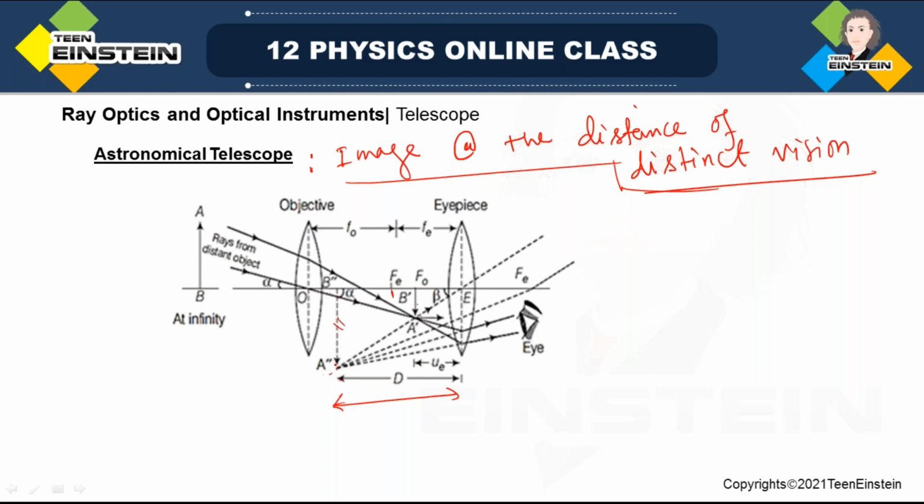You can see the final image is created at A double prime B double prime, which is at distance d away from the eyepiece or our eye.